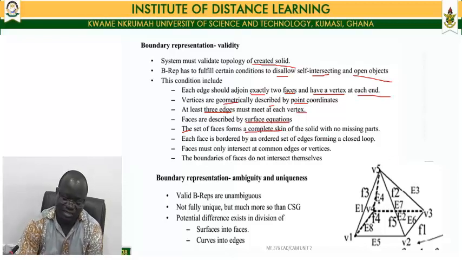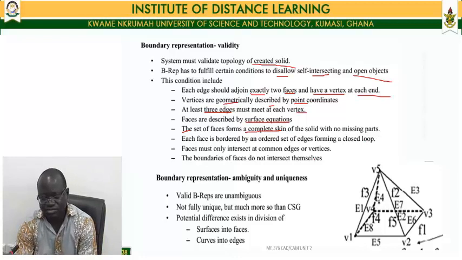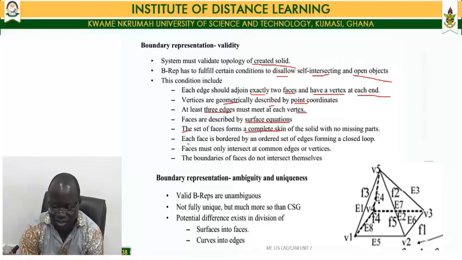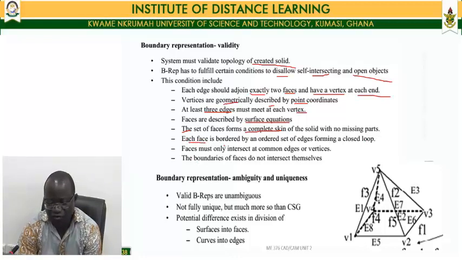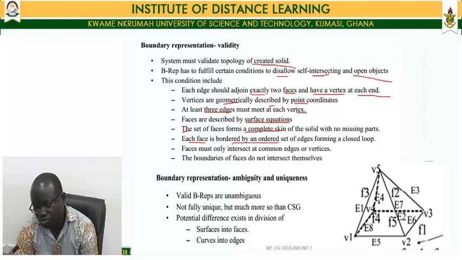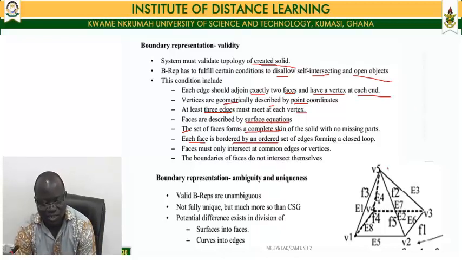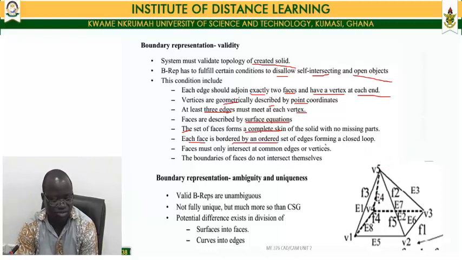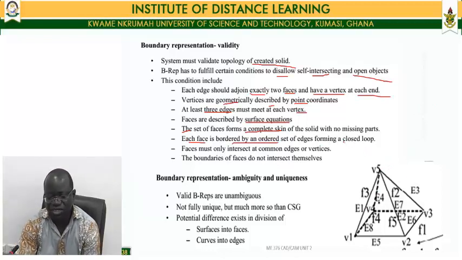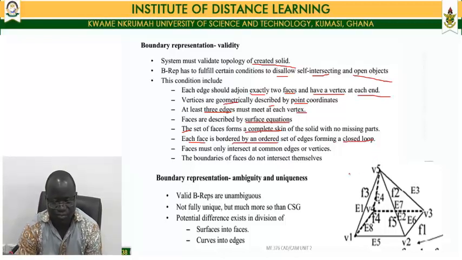If you take any typical face of an object, you will see edges forming around it to create the face, and they form what we call a closed loop. The faces must only intersect at common edges or vertices.